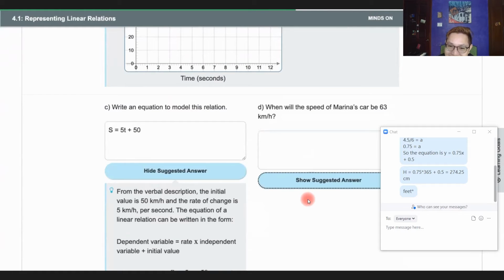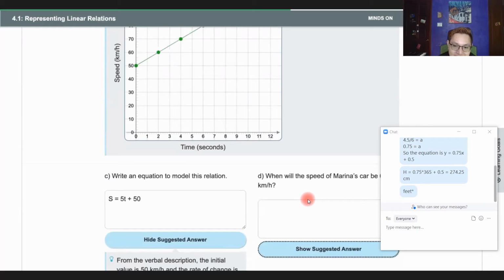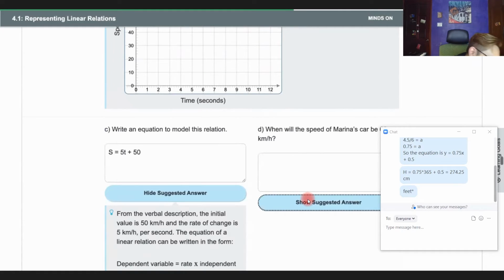Just try to solve it first. Wait, this is speed, right? Yes, they asked you when would the speed of Maria's car be 63 kilometer per hour? You just have to plug it in. 63 equal to 5t plus 50, and you can find t. Remember, t is in second.